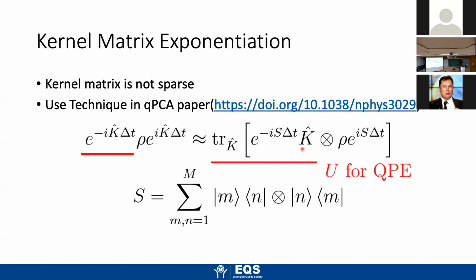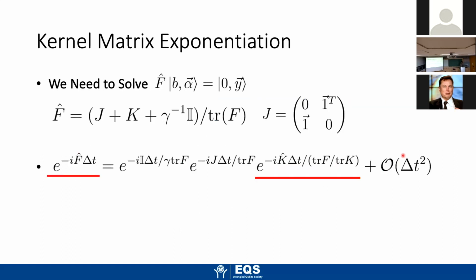Yeah, in this way we can actually implement U for quantum phase estimation. Why do we need quantum phase estimation? Because we need to invert the matrix that we are trying to find.